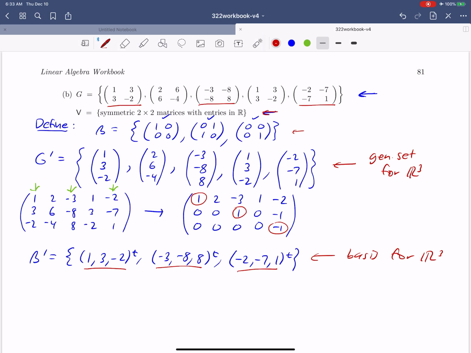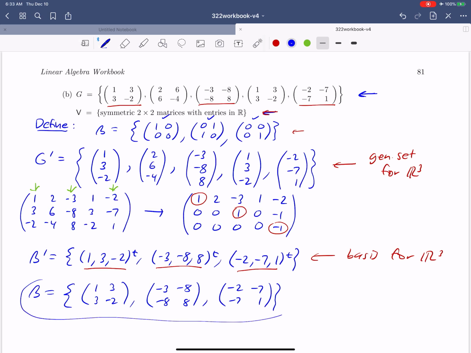So we need to take the first, third, and fifth matrices, and that should give us a basis for V. The last step is just to write down those matrices, and then we've got ourselves a basis. There is our basis for V.